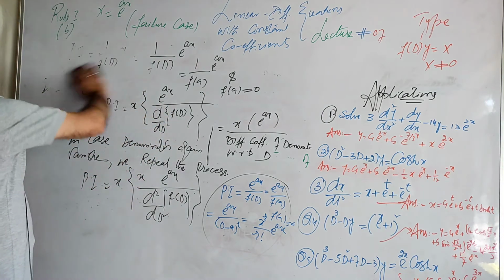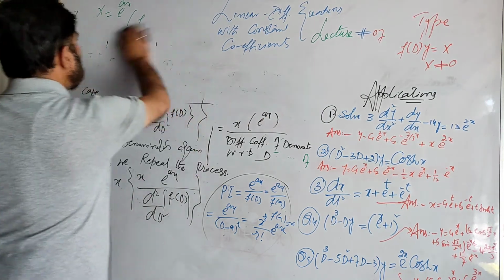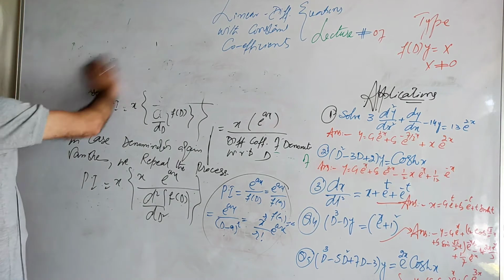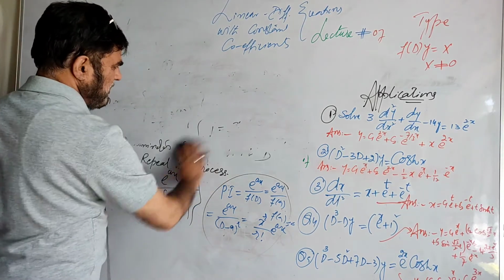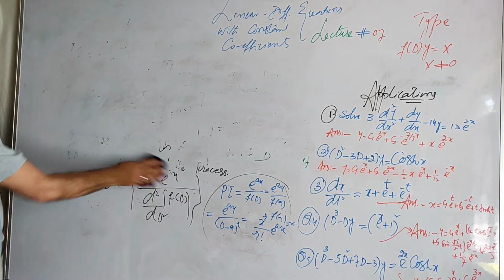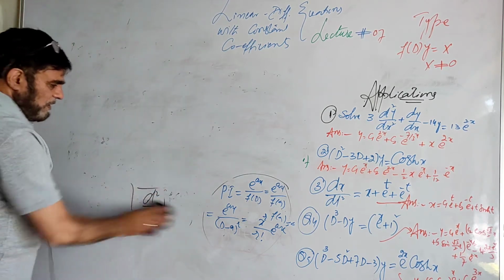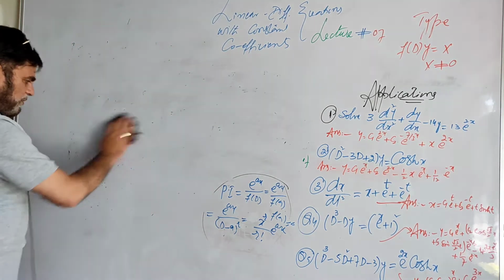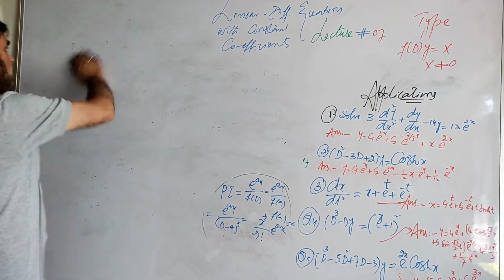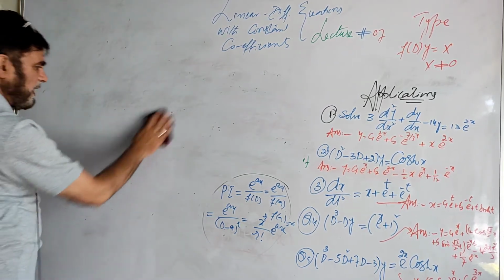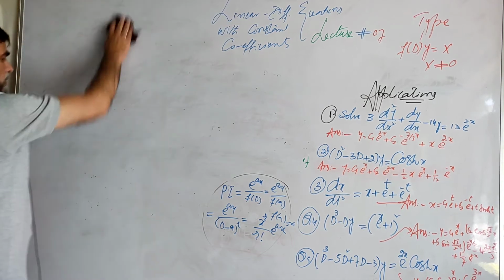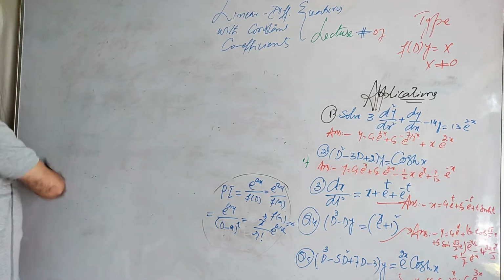Suppose you want to see how this comes. The proof of this first case is very simple, let me share the proof also. Some students ask how and why. Otherwise, you remember this formula, apply it, and get the results very easily.